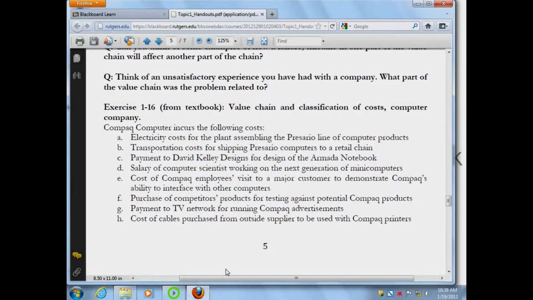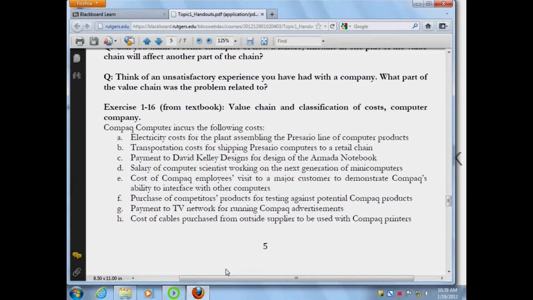The purchase of competitors' products for testing against potential Compaq products. I heard research and development. I know this is not a research and development cost. It's more a design cost because, you see, there are existing products already out there. So you see the distinction. There are existing products out there, so this is clearly not an R&D item.